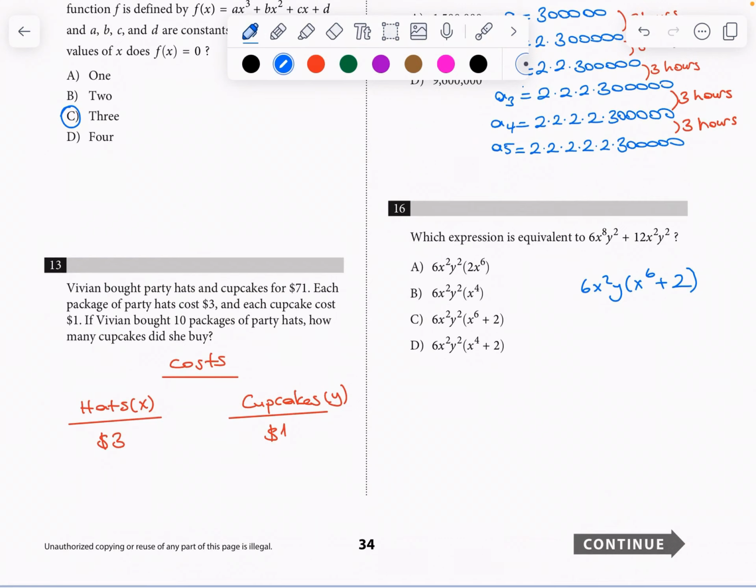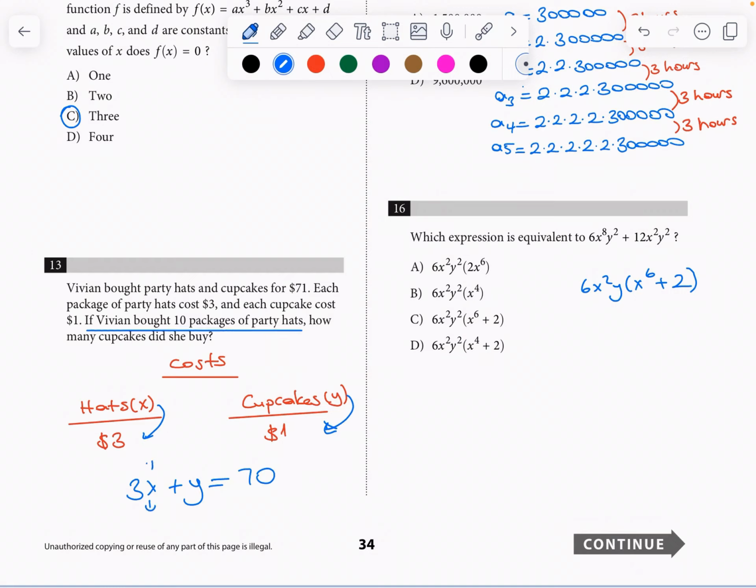To find the total money she needs to pay, we need to multiply the number of hats and cupcakes by the cost of each of these items. So I will multiply x by 3 and y by 1, which makes 3x plus 1 times y equal to 70. What else do we know about the question? We know she bought 10 packages of party hats, which means x is 10.